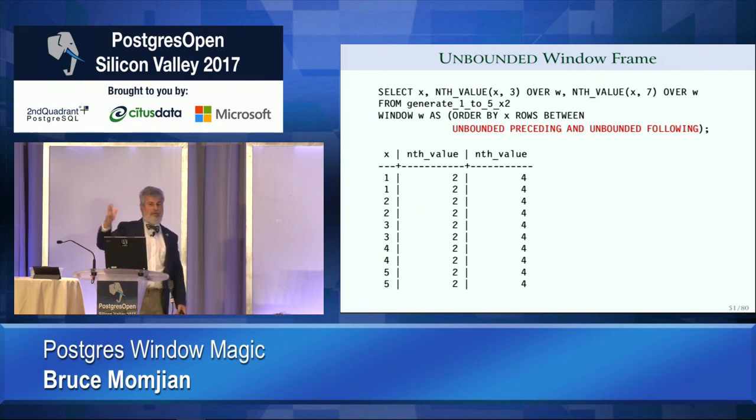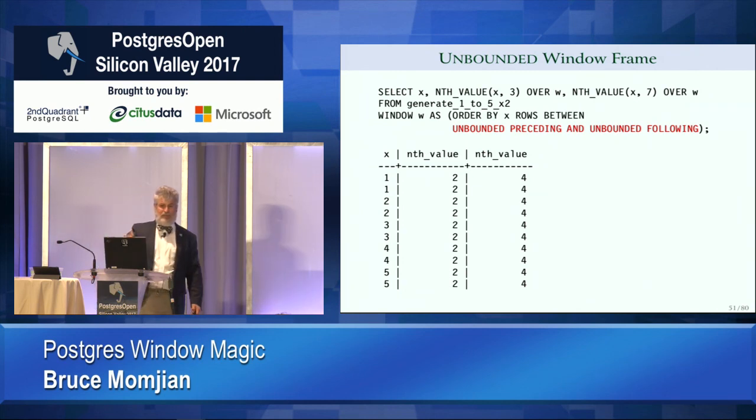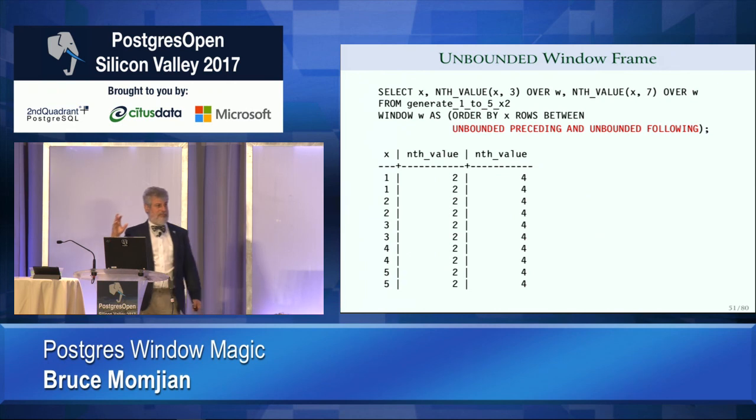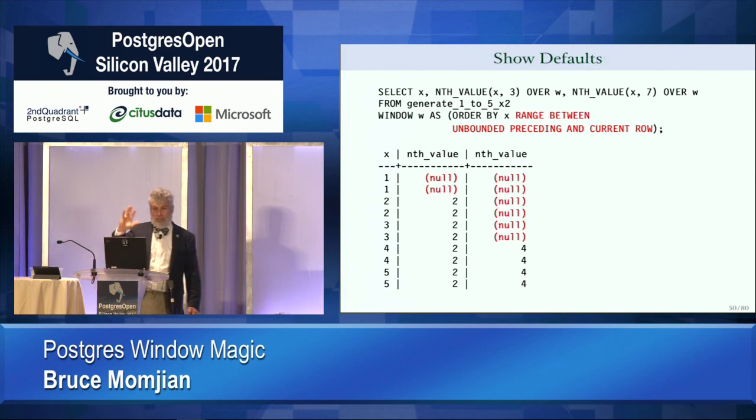So it has no trouble figuring out what the third value is and the 7th value is because every row can now see every other row. I know it's kind of weird, but that's what it is. Okay? The reason these nulls are here is because the third column can't see the third row because we've cut it off at current row.